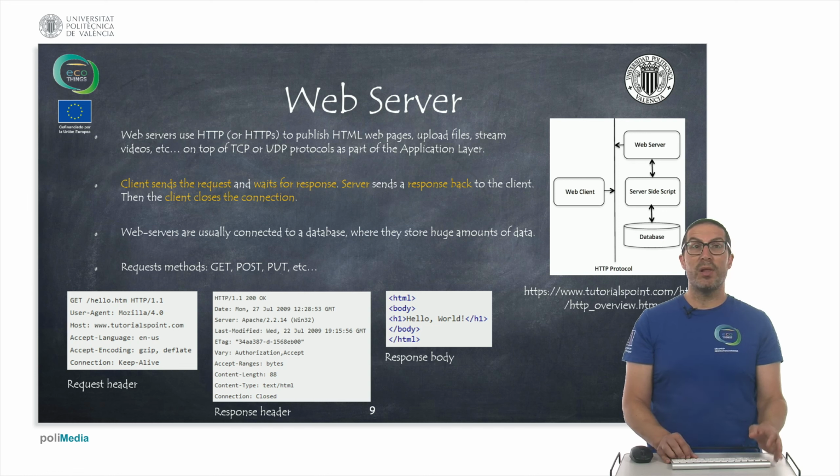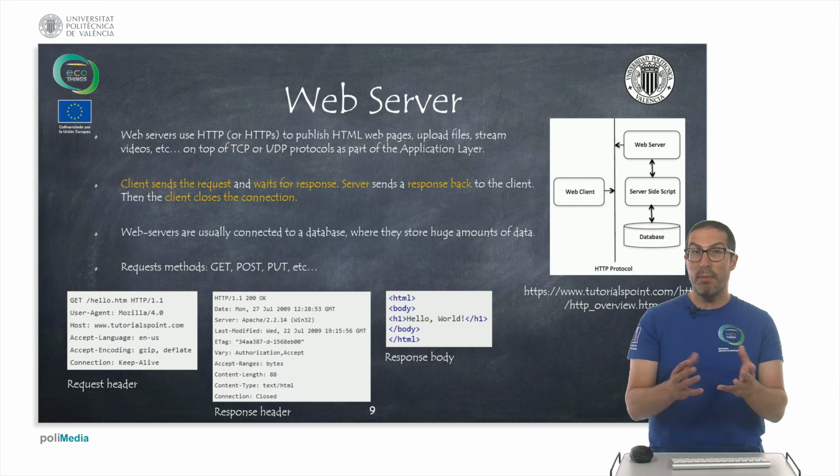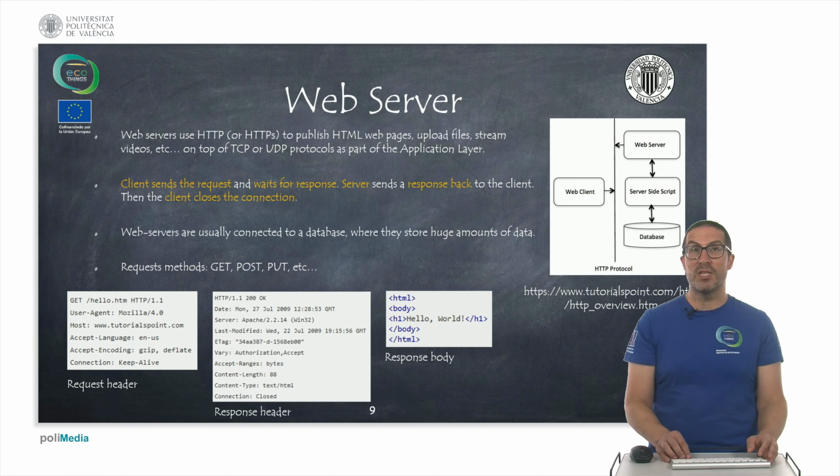Here you have an example in which we have a GET request, in which the GET request has a header that's implemented by the client, and then the server responds back to the client also with an HTTP message indicating that it's going to reply with the body in this case, and the body itself could be, let's say, a web page.